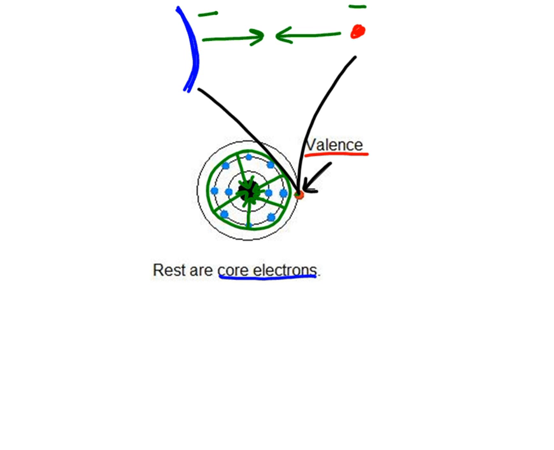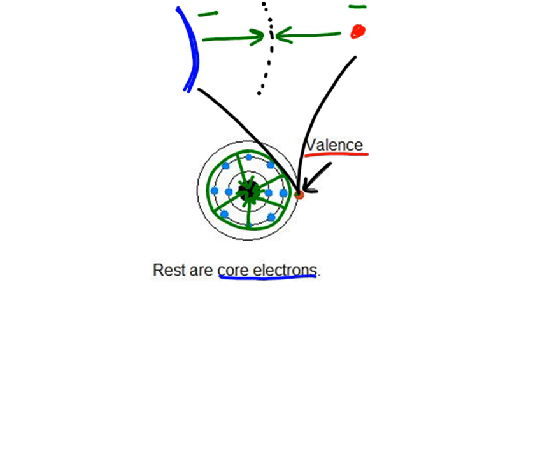Now that does not form a literal shield, but it's preventing that valence electron from getting closer and closer to the nucleus. So shielding is, in many cases, the reason why atomic radius and ionization energy have their trends.